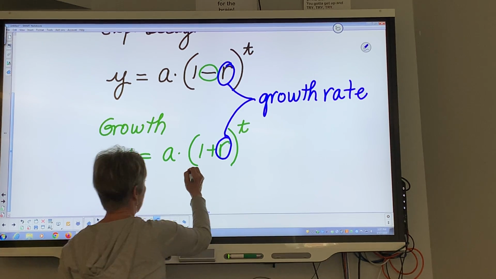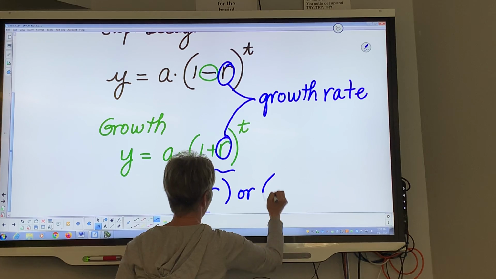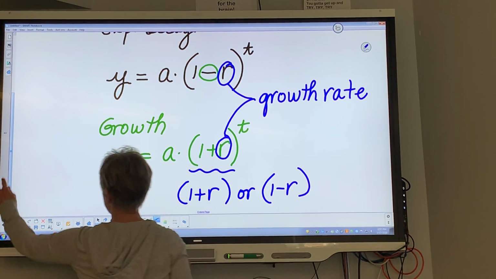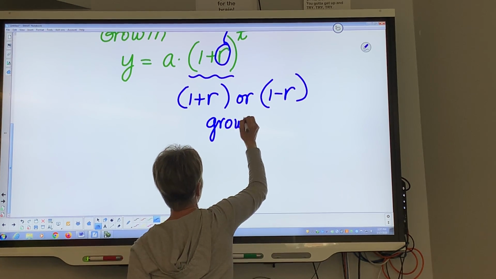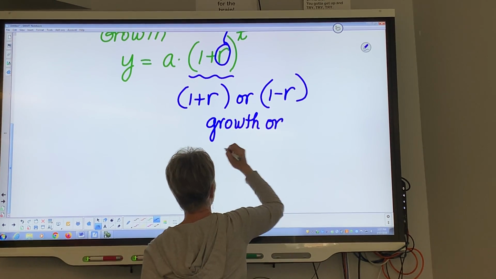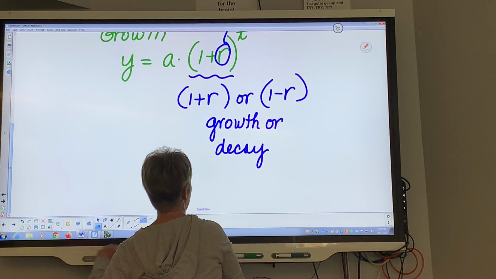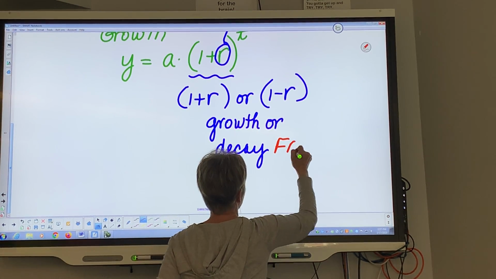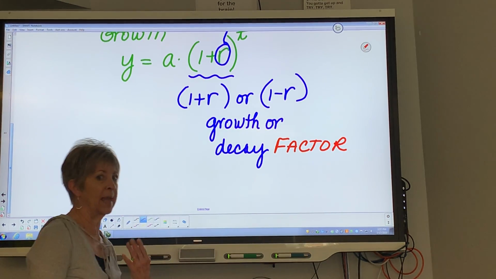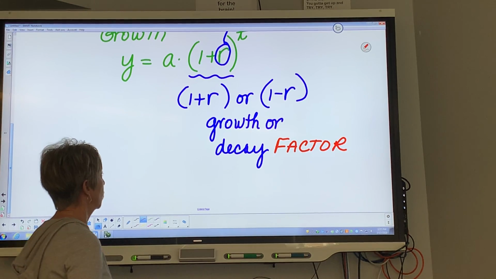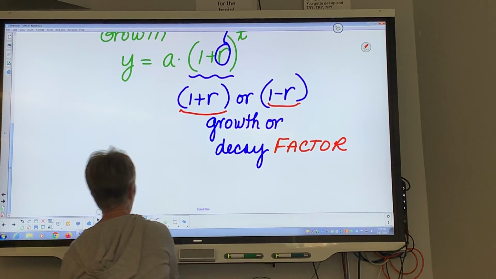The whole 1 plus r or 1 minus r is what is called the growth or decay factor. So there's a difference between the growth rate, that's just your percent, and the growth factor, which is the whole 1 minus r or 1 plus r.